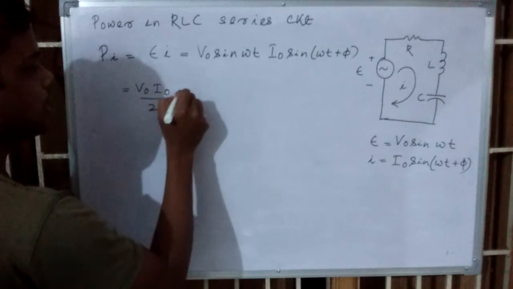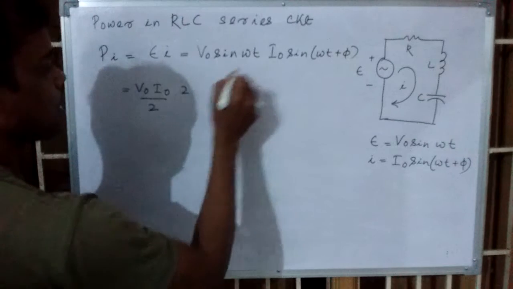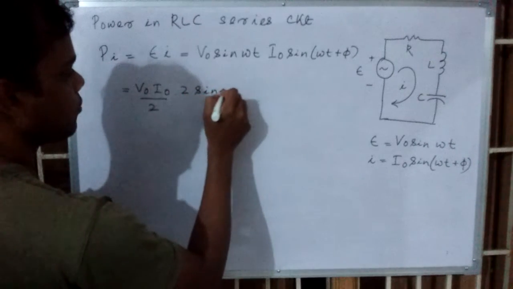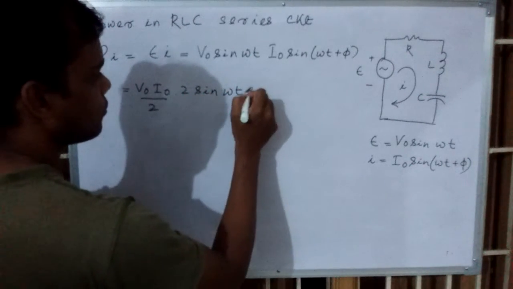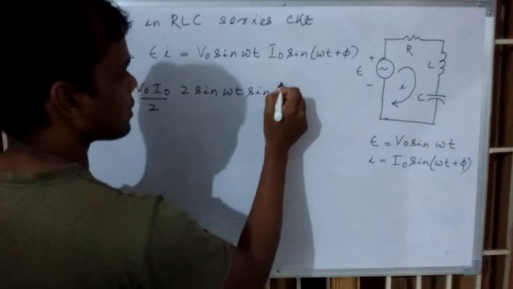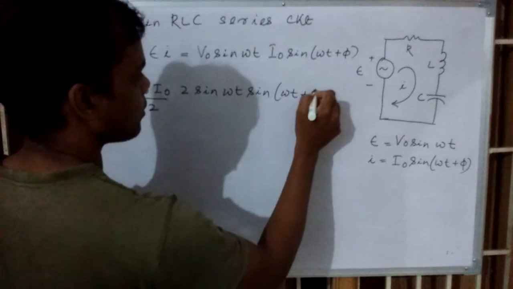I'll divide by 2 and multiply by 2 also, then sin omega t into sin of omega t plus phi.